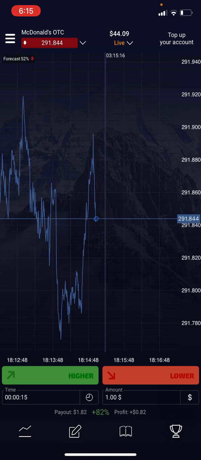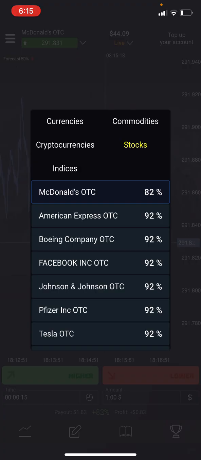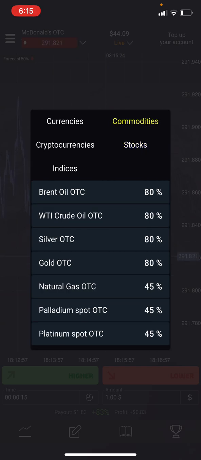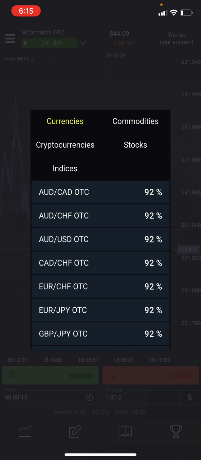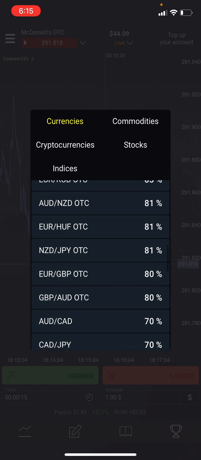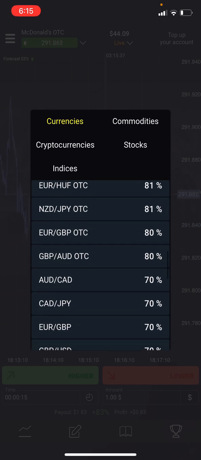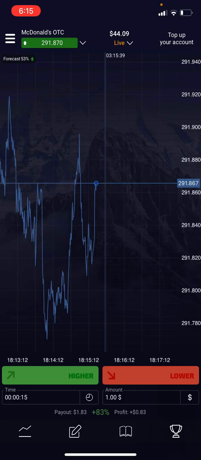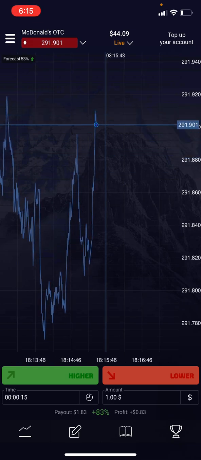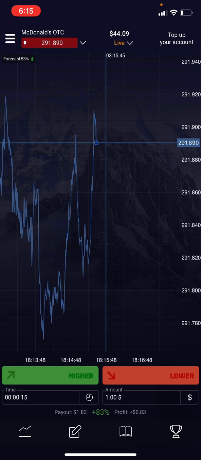But you have options like McDonald's, American Express, as far as the stock options, commodities, as far as silver, gold, Brent oil, etc. And then more importantly, the currencies. So all of the different currencies, if you're familiar with Forex, then you're familiar with the exchange of one currency for another at a particular time is how you go about making the money.